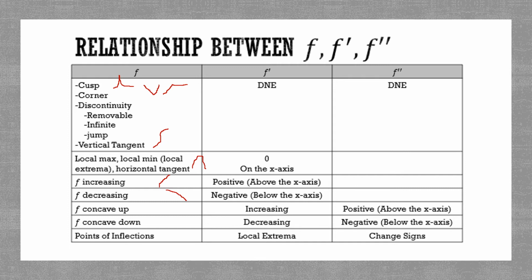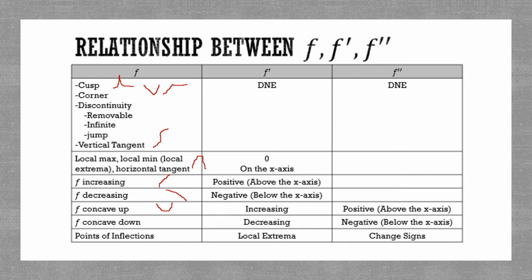Okay, when we talk about concavity, concavity is giving us information for our second derivative. We're going to first look at the concavity, and then you're going to see what it does to the first derivative and the second derivative. So if your graph is concave up, like a parabola opening up, that means that the first derivative is going to be increasing, and the second derivative, you take the derivative again, it's going to be positive, above the x-axis.